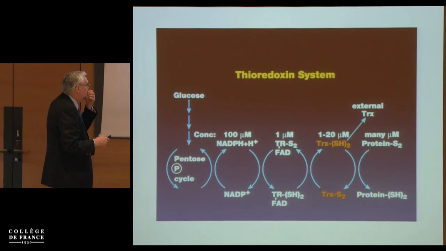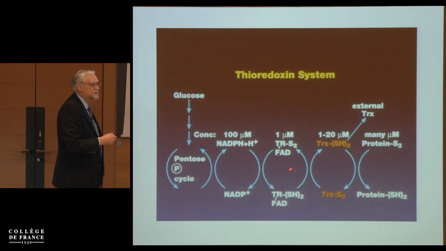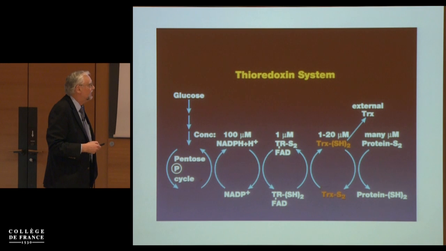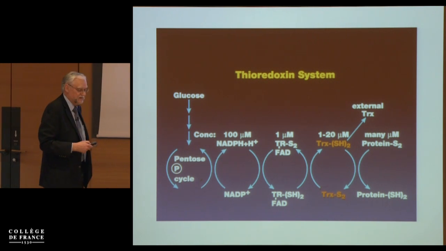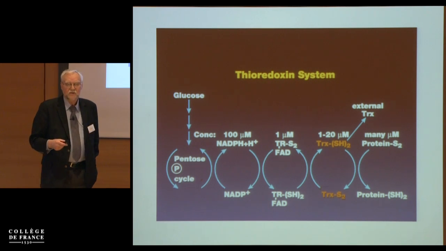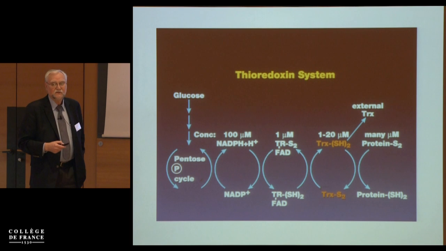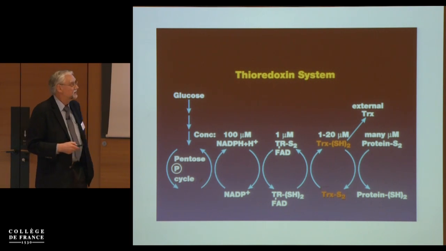You have seen this picture many times before, I'm sure. The thioredoxin reductase in our cells is a selenoenzyme, actually three different enzymes, and thioredoxin in the cytosol is one specific gene. Mitochondria have their own system, and it is a general protein disulfide reductase with many functions.